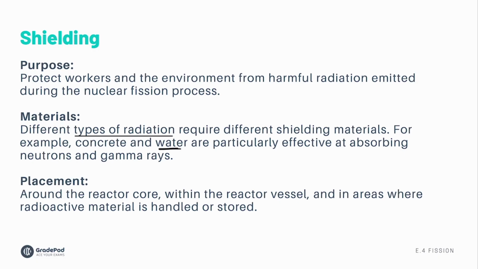If we need to be saved from gamma rays, then we'd use lead or concrete for that. Really, each part of the nuclear reactor has different things we need to be saved from, and shielding takes that on. The shielding takes place around the reactor core and within the reactor vessel, so it's really found in areas where the radioactive material is handled or stored. So you'll find shielding all the way through the nuclear reactor, and different shielding materials will be in different places depending on what you need at that time.